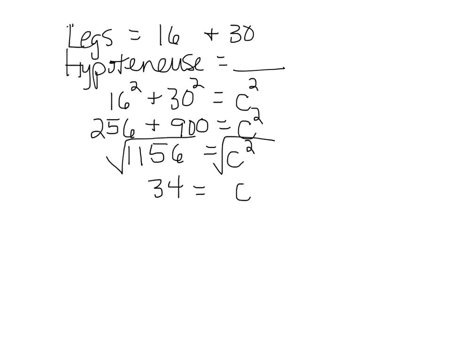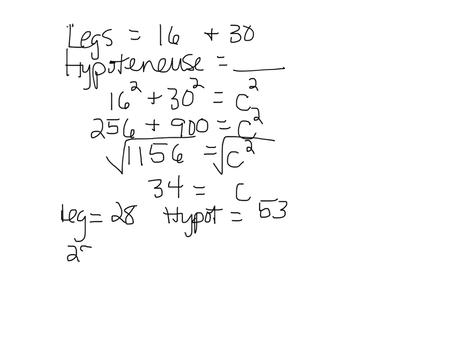Sometimes, however, you're given one leg and the hypotenuse. So if the leg that you're given is 28, and the hypotenuse is 53, then we say a squared, 28 squared, plus the other leg, which we don't know, so we're calling it b squared, is equal to 53 squared.